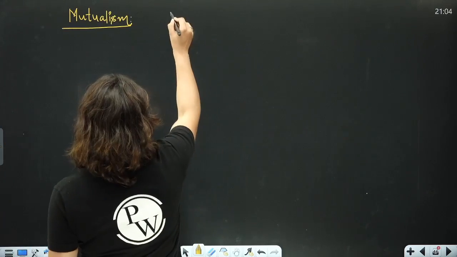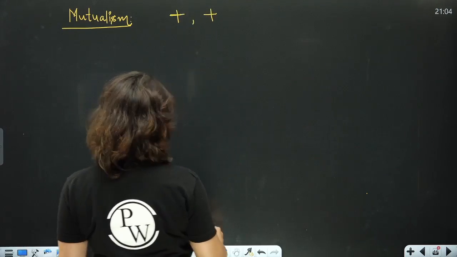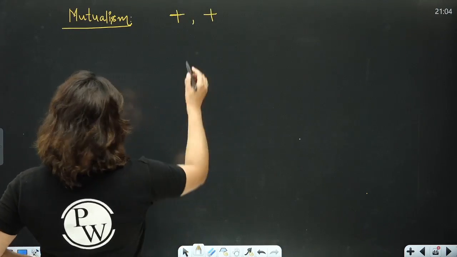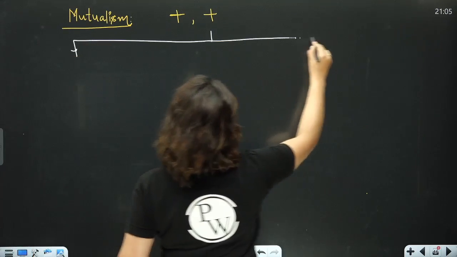Mutualism is a plus-plus relationship, where both the organisms get benefited. The beautiful examples of mutualism are lichen and mycorrhiza.